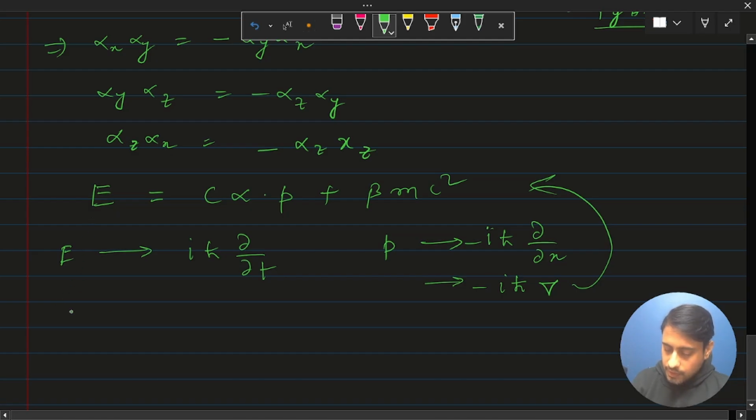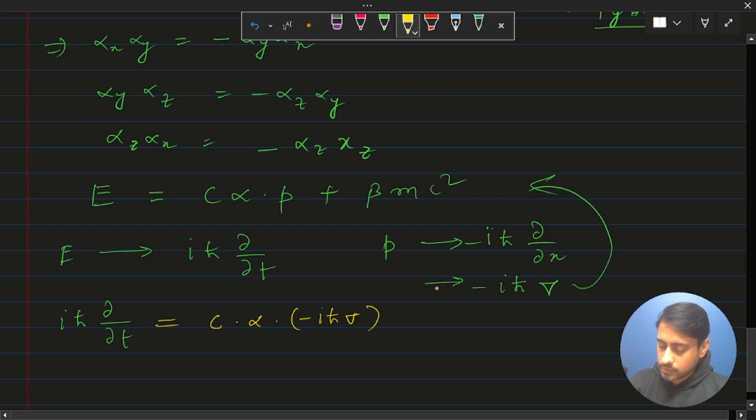If I write here i h bar del over del t equals c into alpha into, for p we can write minus i h bar del, because this is p in three dimensions, plus we have beta m c square.